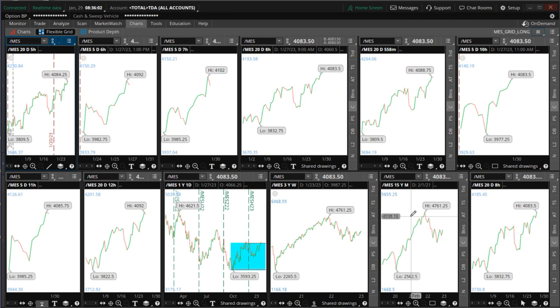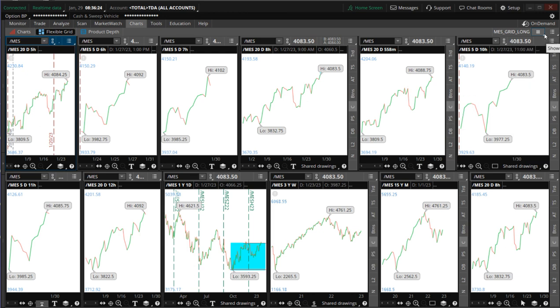On the macro grid, we can get a good picture of the longer trend of a particular market. Again, the macro grid will give us the idea of the general trend of a market.